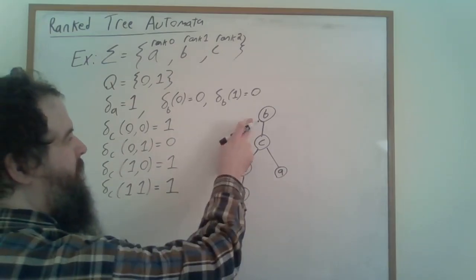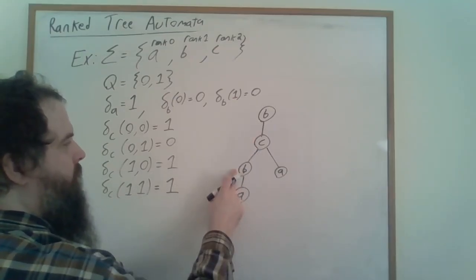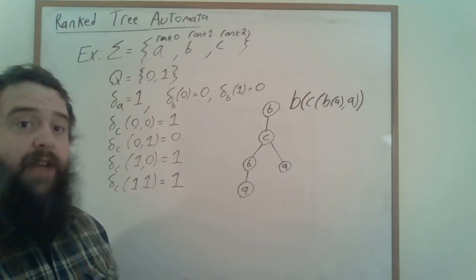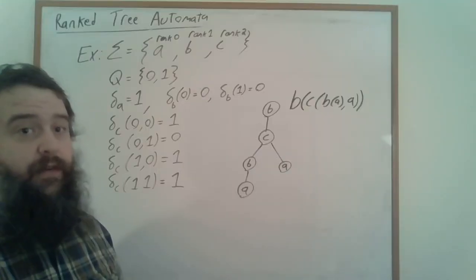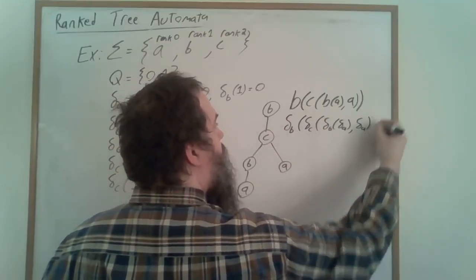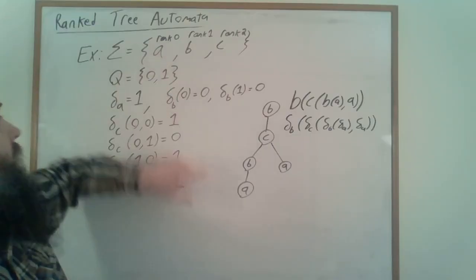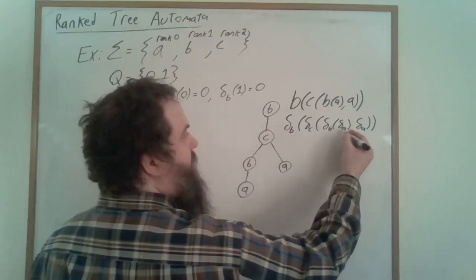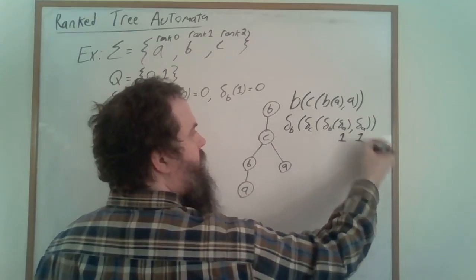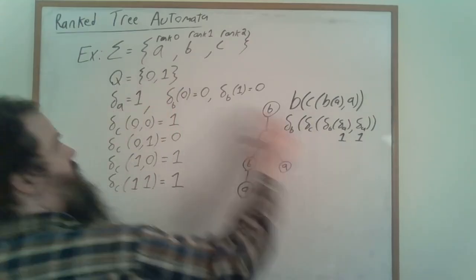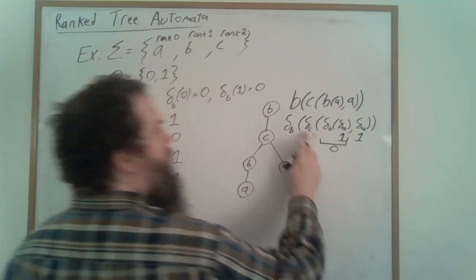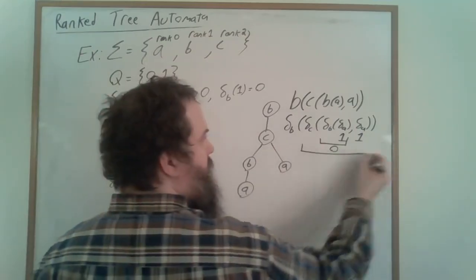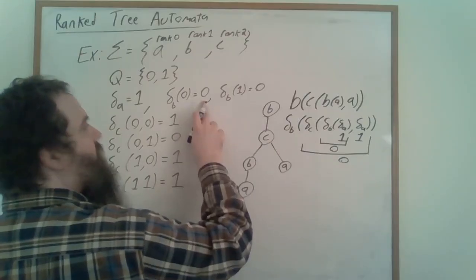In particular, it's going to be B of C of B of A and A. And then if we identify each character with its corresponding transition function, or in the case of characters of rank 0, the corresponding constant, and we evaluate this expression, delta A is 1, delta B of 1 is 0, delta C of 0, 1 is 0, and delta B of 0 is 0.